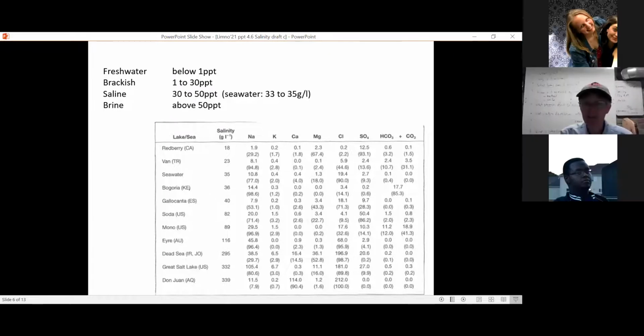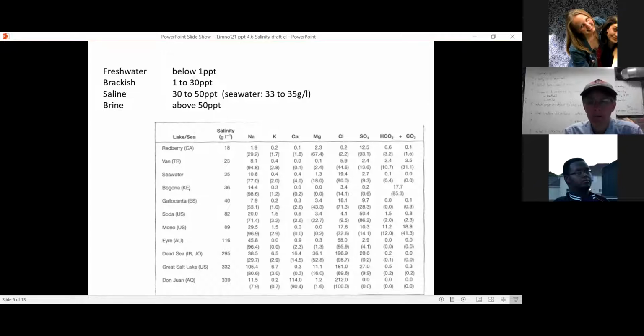And once you've got that answer, what's the dominant ion, what's the dominant anion, and what's the dominant cation in the Great Salt Lake of Utah, according to this table? So first question, what word describes the water of the Great Salt Lake? And then what's the dominant cation and what's the dominant anion based on the information in this table?